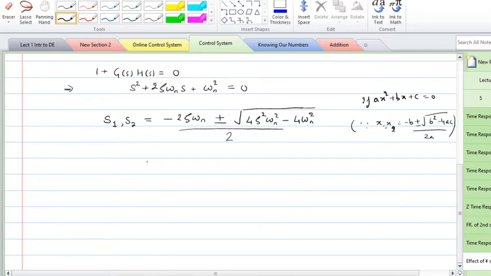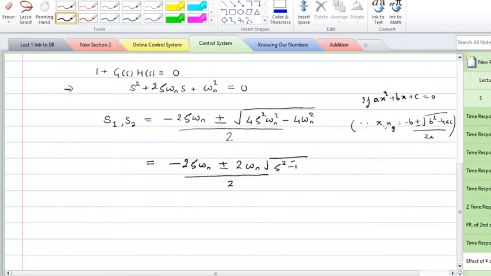So if we solve this equation, we will get minus 2 zeta omega n plus minus 2 omega n under root zeta square minus 1, by 2.